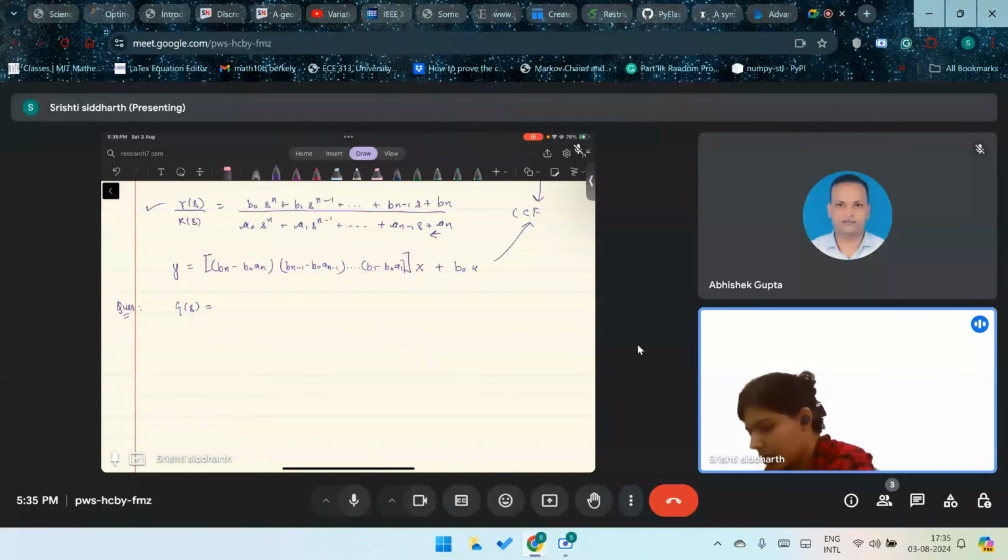We have (3s cubed plus 6s squared plus 5s plus 7) over (s cubed plus 6s squared plus 15s plus 11). Okay, so observe that this is a proper transfer function.